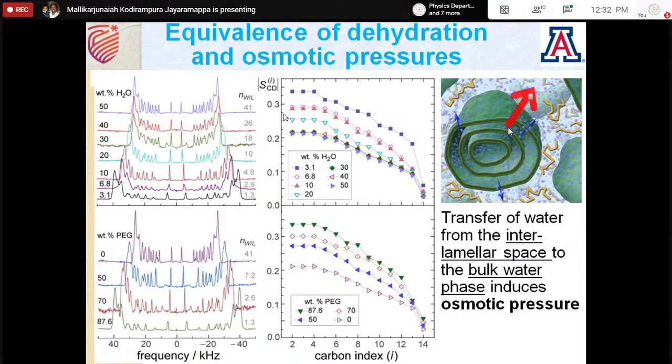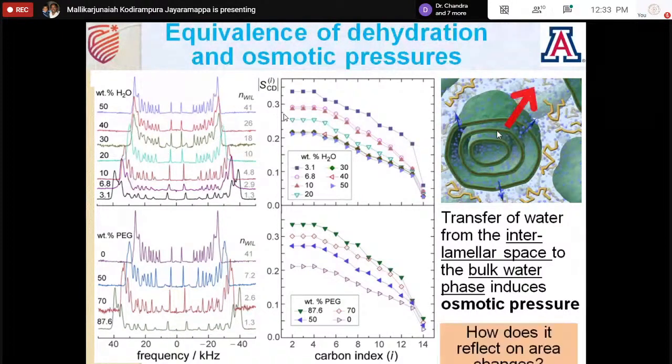This extra pressure modulates and gives out a different NMR signal due to thickening of the membrane. What I am driving at here is that the thickness of this bilayer starts increasing when more osmotic pressure is applied on the system.